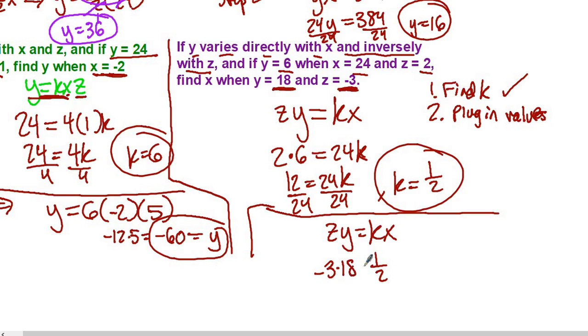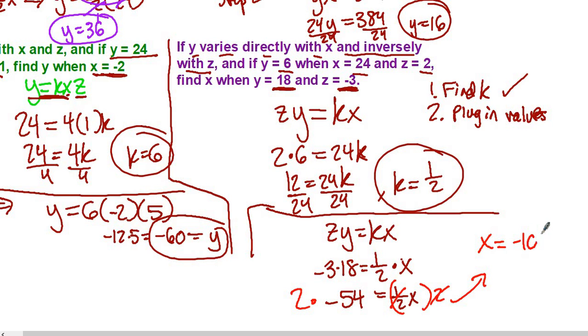So negative 3 times 18 equals 1/2 x, and we're being asked to find x. We don't know that. So negative 54, that's negative 3 times 18, equals 1/2 x. Now how do we solve that for x? We would divide by 1/2, but that's like multiplying by 2. So negative 54 times 2 gives us x, which is negative 108, and that is how we solve variation problems. Hopefully it makes sense.